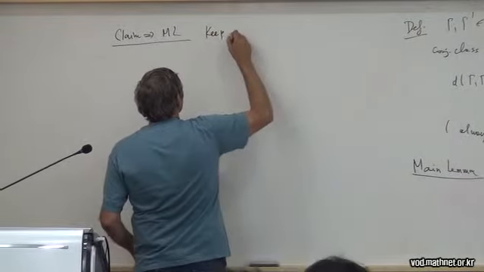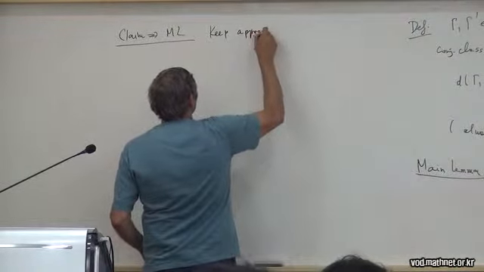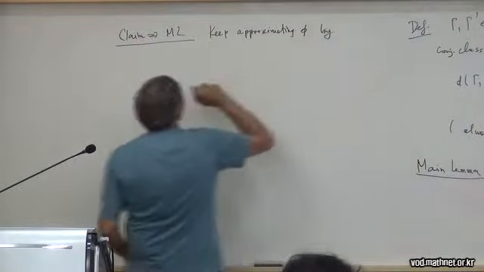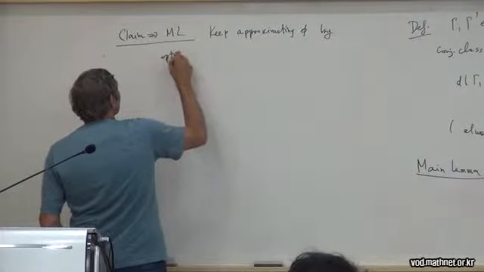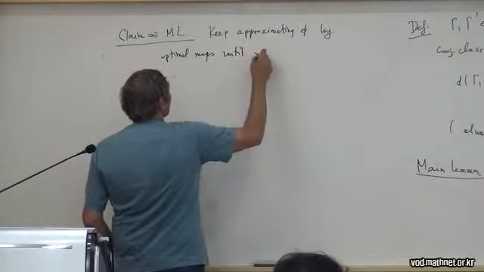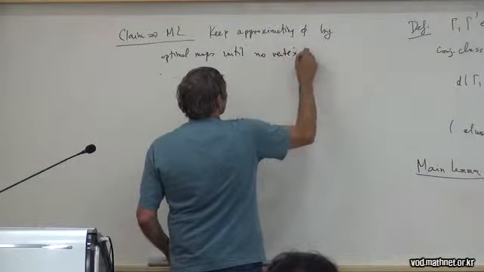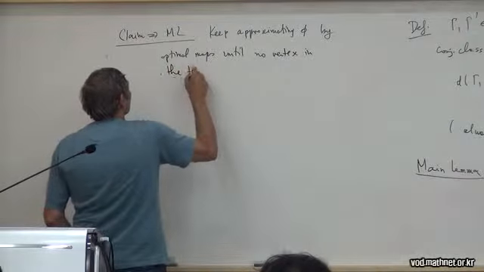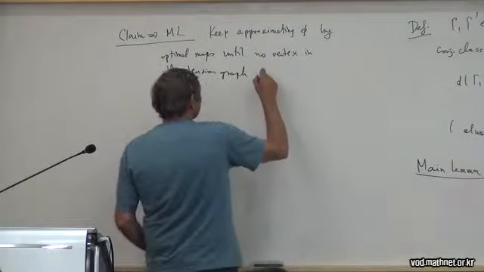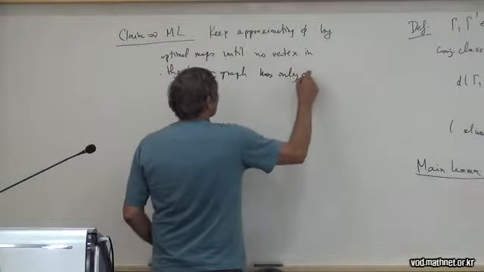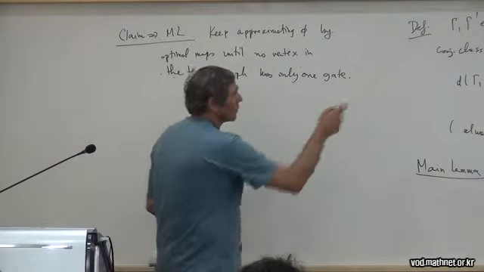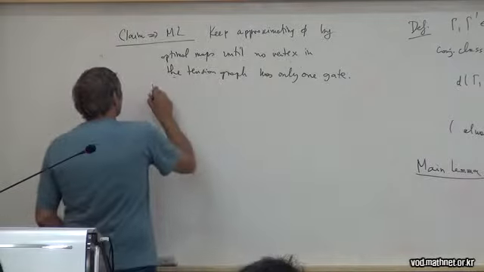So keep approximating phi by optimal maps until no vertex in the tension graph has only one gate. And then use the observations.